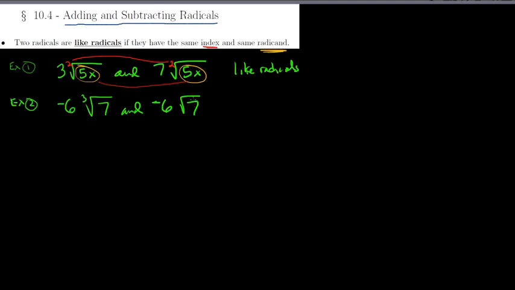But remember, they have to have the same radicand. The 7 is the same, that's fine. But they also have to have the same index. The index here is 3, but this is a square root, so the index is naturally a 2. But 2 and 3 are not the same, right? So these are not like radicals. These are unlike radicals. So these we cannot add or subtract.